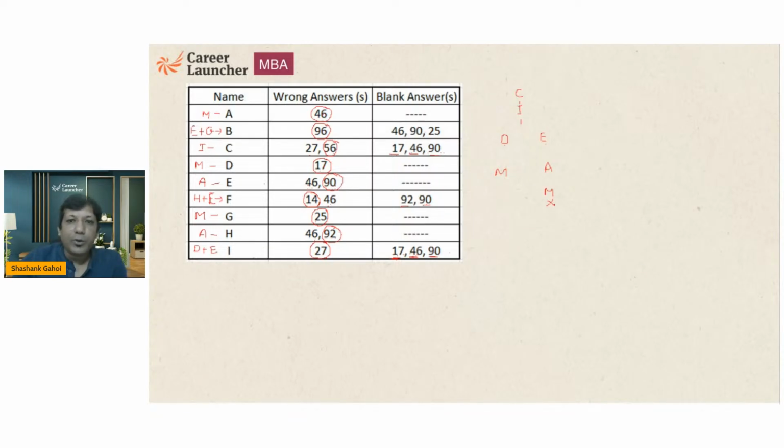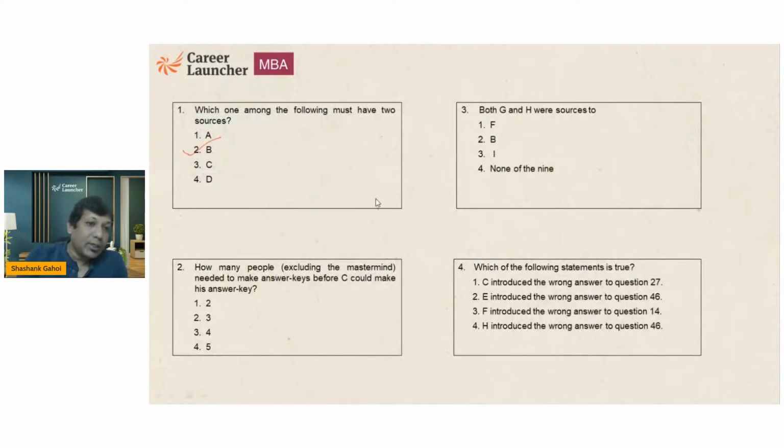So I am not going to count mastermind. So how many people are needed? 1, 2, 3, and 4. So after four people have marked their answers, then C builds his or her answer key.